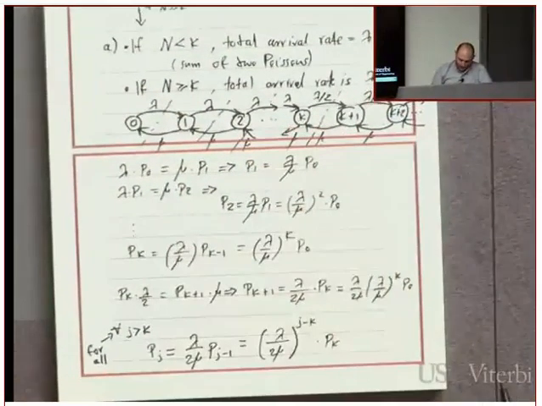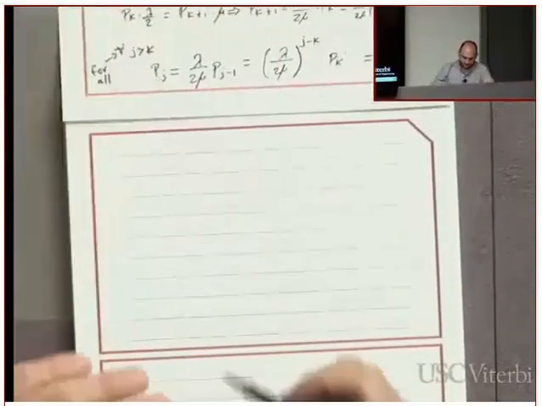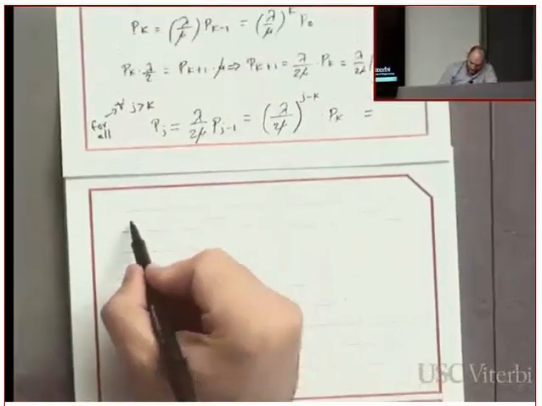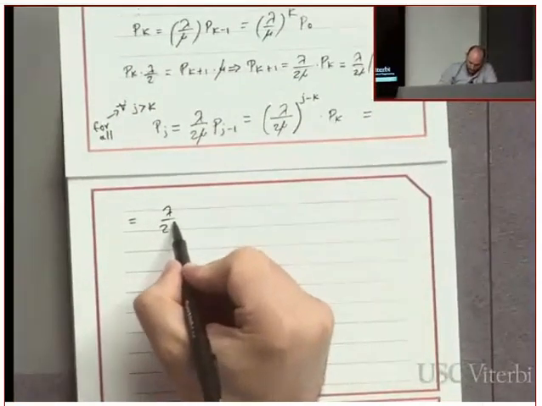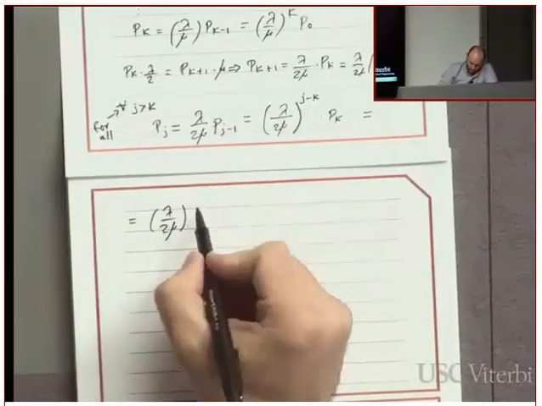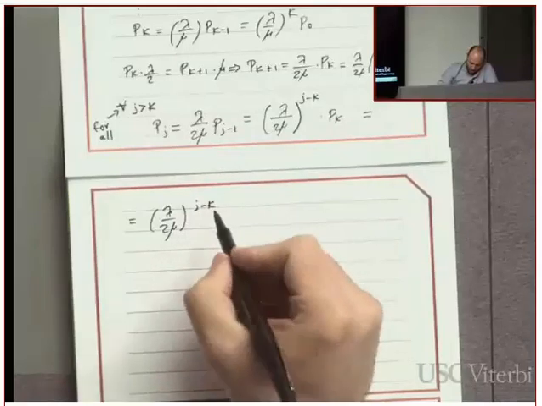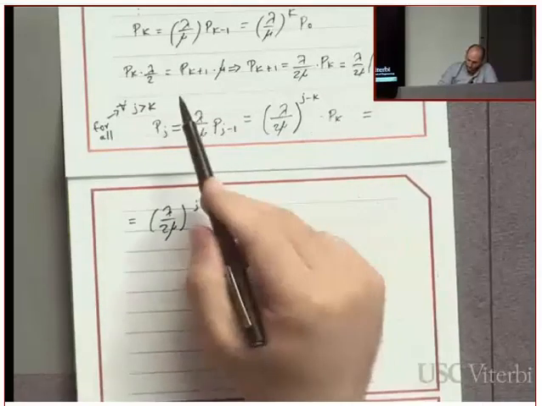And we continue the derivation here. What this is equal to is lambda over 2 mu to the power of j minus k, and then we substitute Pk, right?